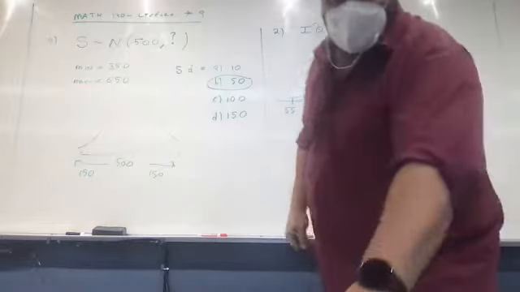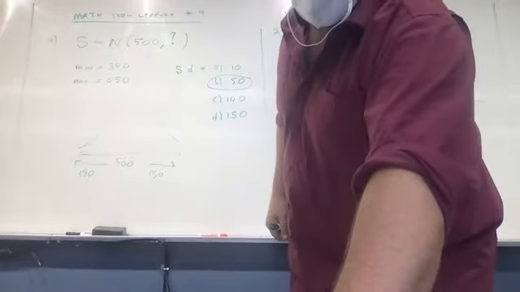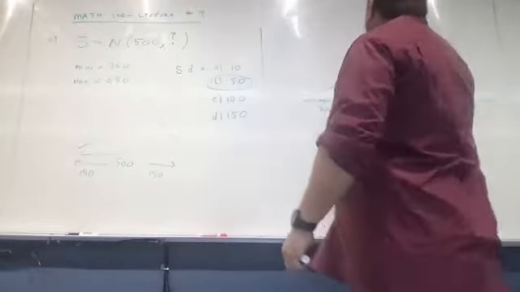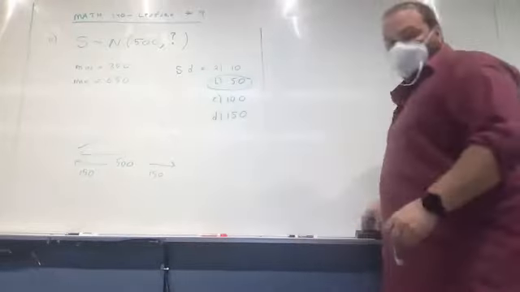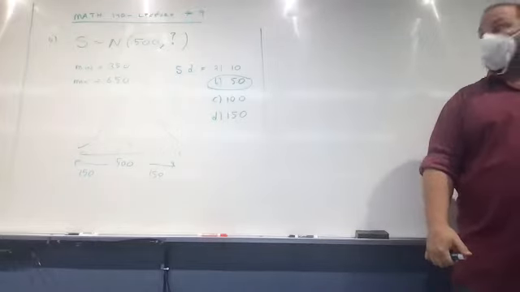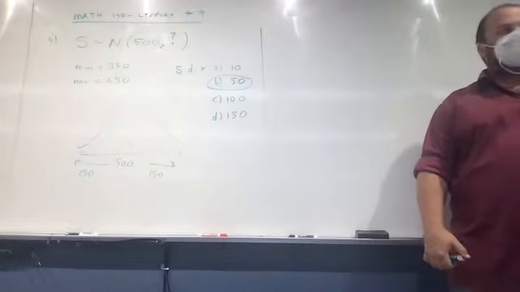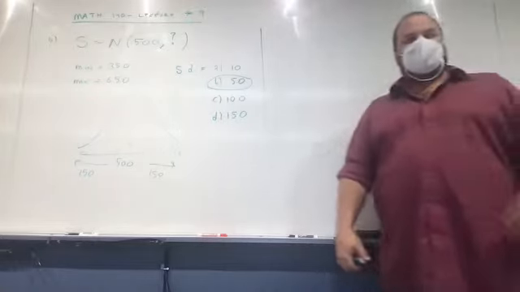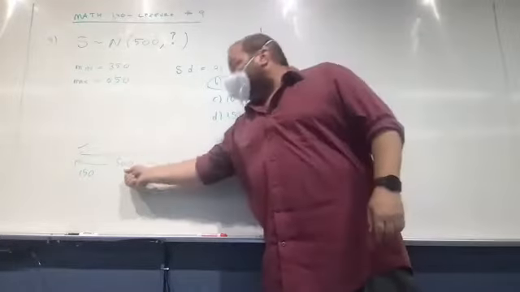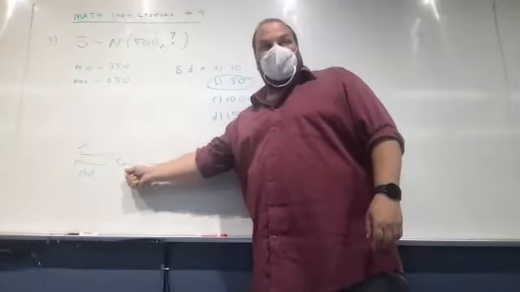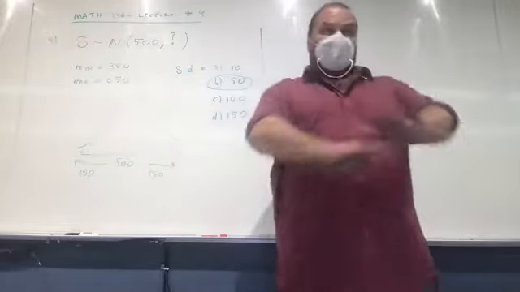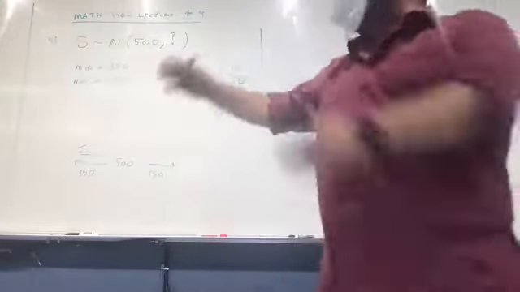Okay. Question 5. Again, from 500, which is the mean, to the max or to the min is 150. That's undisputable, correct? They gave us that information here.